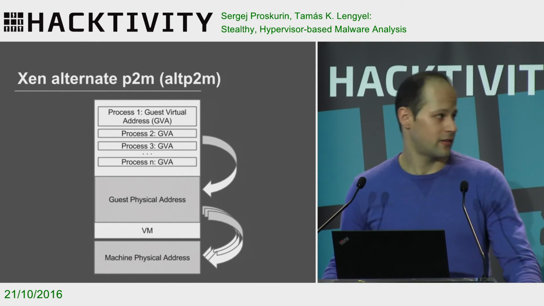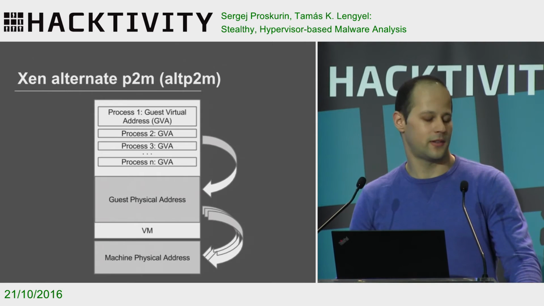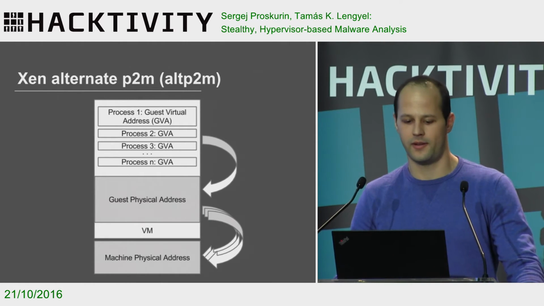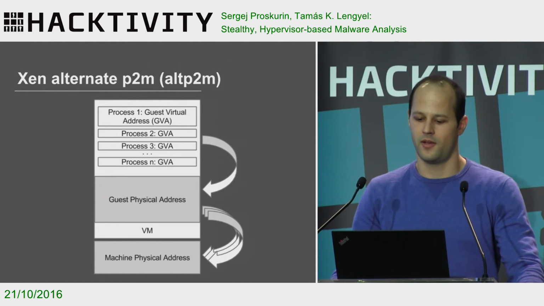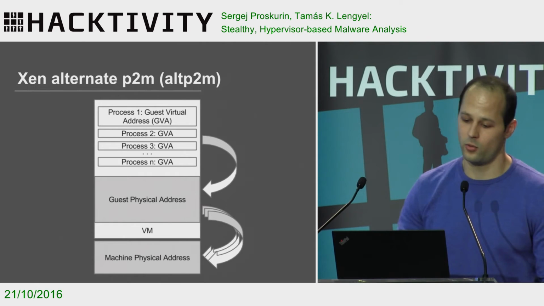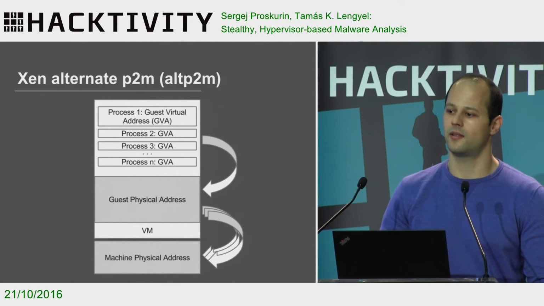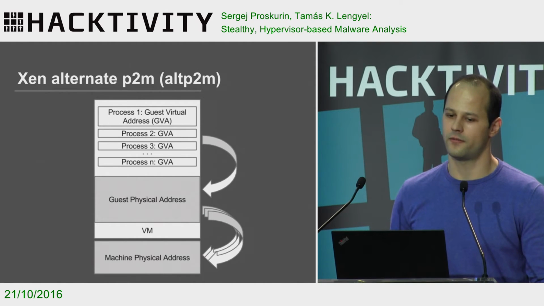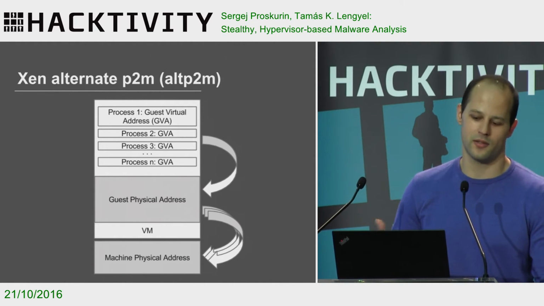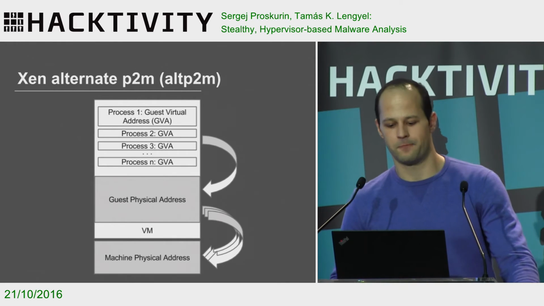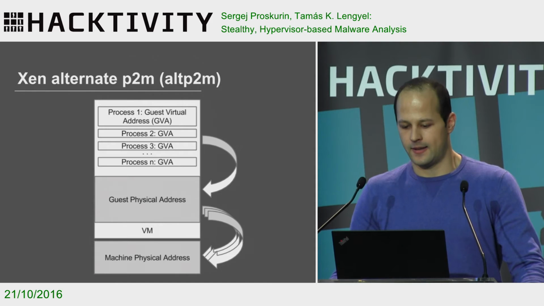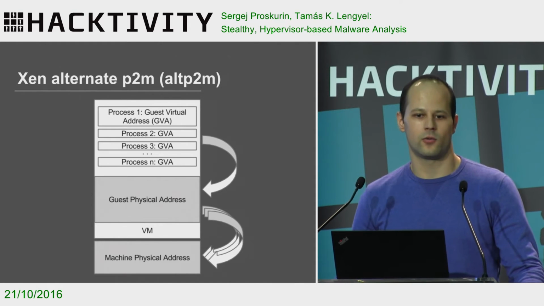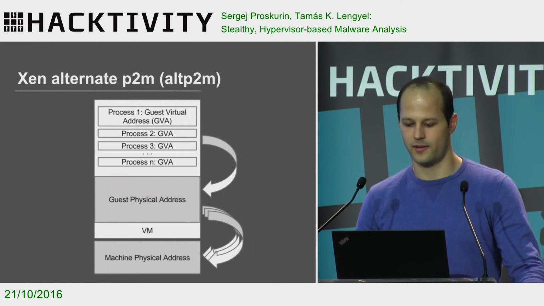Thank you very much, Tamás. As you already suggested, the alternative would be to use Xen's alternate P2M, or simply alt P2M, subsystem. The cool thing about Xen alt P2M is that it extends the original idea of using only one EPT, which is the physical-to-machine translation or management for the guest virtual machines, and instead provides multiple EPTs per guest virtual machine.